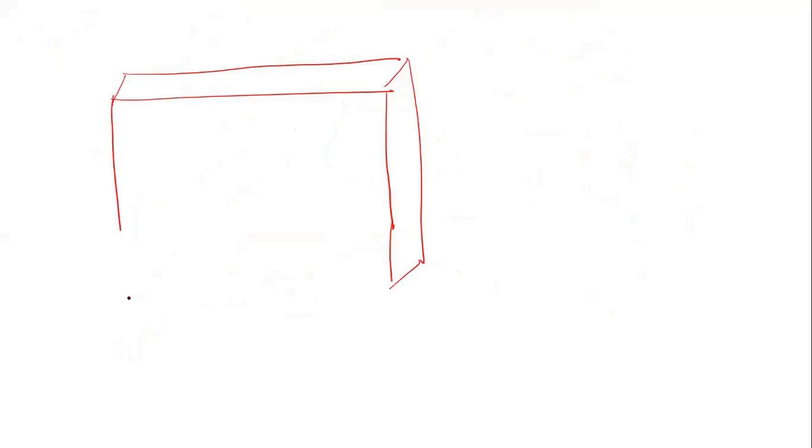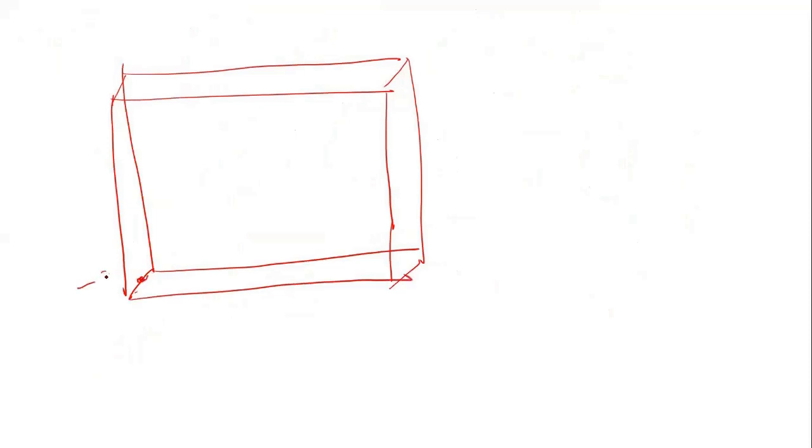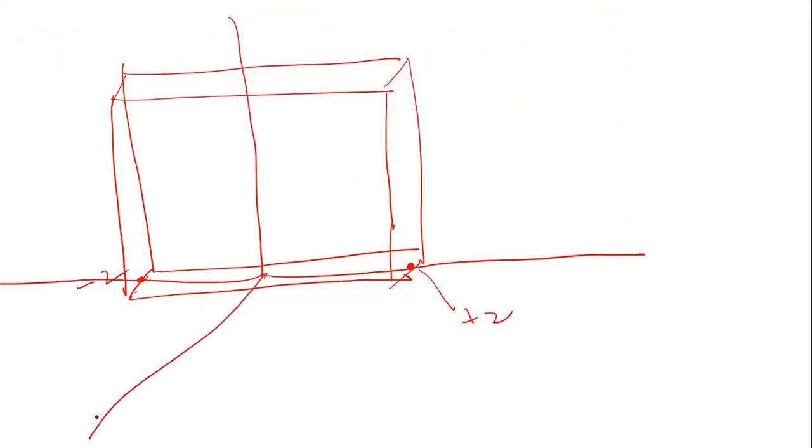This is what we will be having after integrating from, let's say, -2 to +2. So this is your origin. So you will have a rectangular block now if you take the limit of y from -2 to +2 with respect to y.